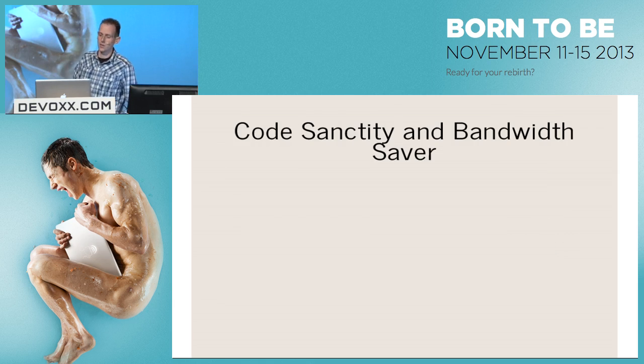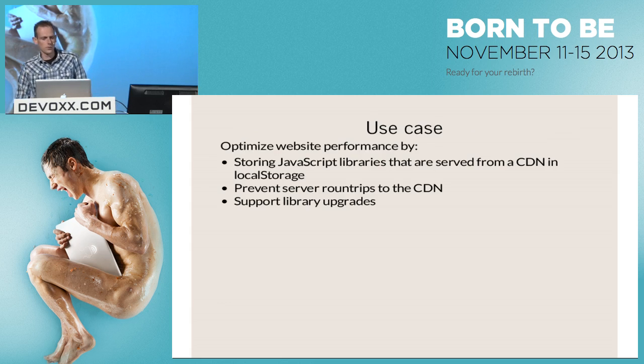Another use case is code sanctity and bandwidth saver. So here the use case is that you don't want to go to your CDN to get your JavaScript served, but you want to store it locally to prevent round trips to your CDN. We also want to support library upgrades and want to make sure that the JavaScript that we run is actually the JavaScript that we served and nobody has tampered with it in the local storage.